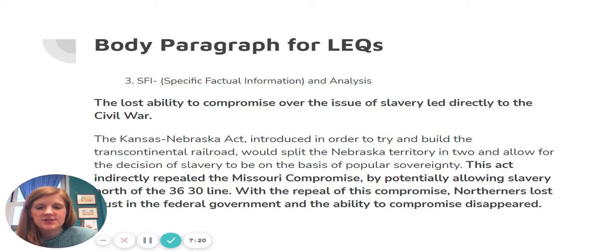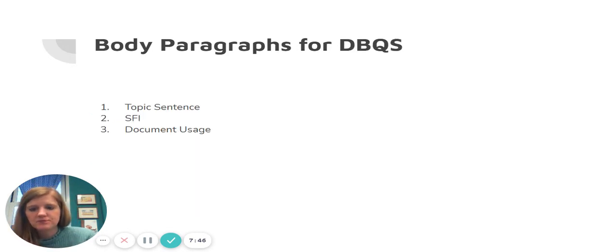Here's my analysis, here's how I point it back to my argument: This act indirectly repealed the Missouri Compromise by potentially allowing slavery north of the 36°30′ line. With the repeal of this compromise, Northerners lost faith in the federal government, and the ability to compromise disappeared. I can't read my word there because of my picture. So that's what you want to make sure that you include: specific facts, and the next sentence links it back to your argument.